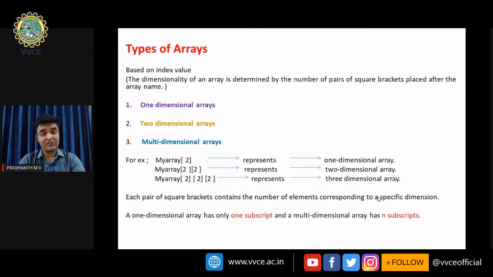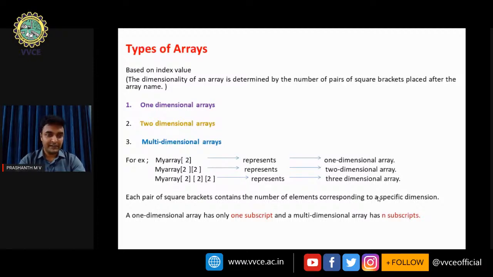But two-dimensional itself comes under multi-dimensional. Whichever way you want, you can say one-dimensional or multi-dimensional, or one-dimensional, two-dimensional, and multi-dimensional. So what is the difference here? In the one-dimensional array we have only one subscript or only one index value. But in two-dimensional or multi-dimensional, the subscript or index values will be more.